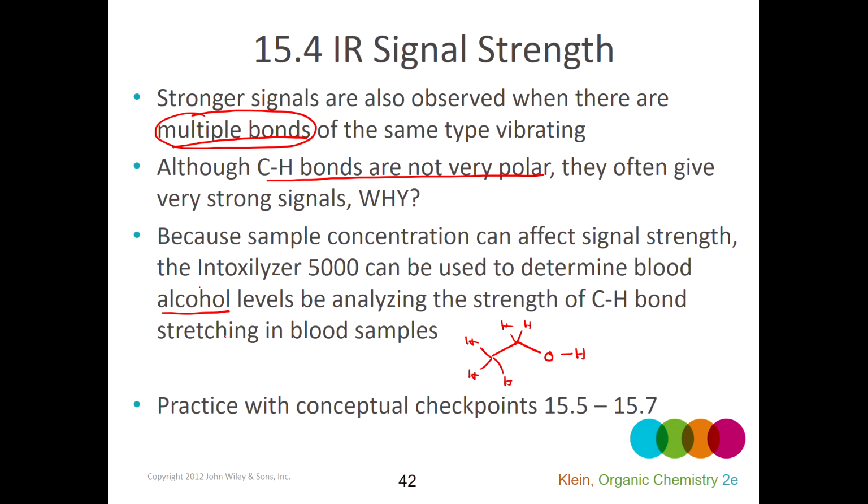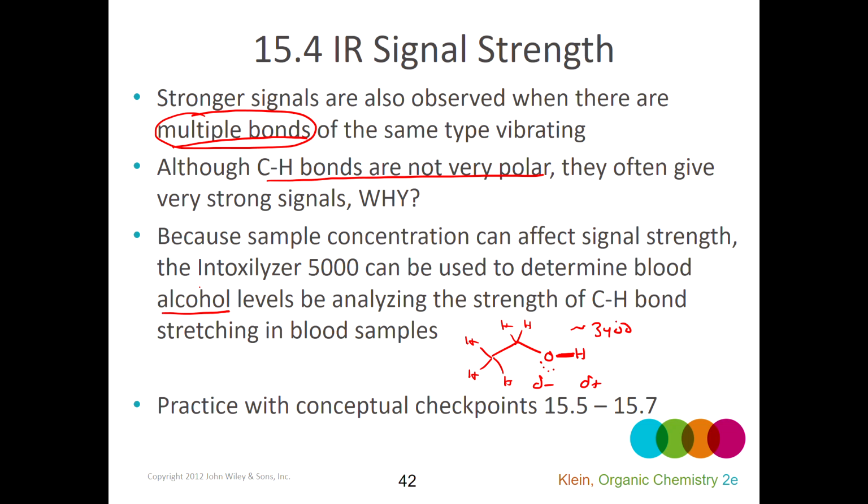You breathe into the machine, it sends an IR signal through your breath, and if IR in a certain wavelength is absorbed, they know that you have alcohol in your breath. So why would it be a bad idea to focus on the OH as a way to determine if you have alcohol, right? This is a nice polar bond, big electronegativity difference, should give a big signal around 3400 in the IR.